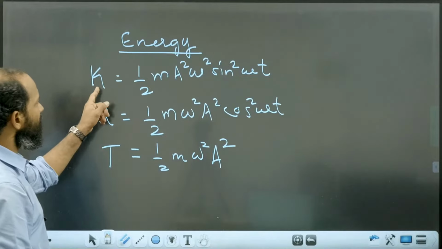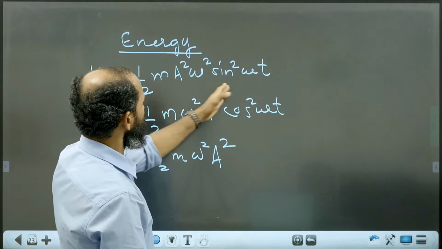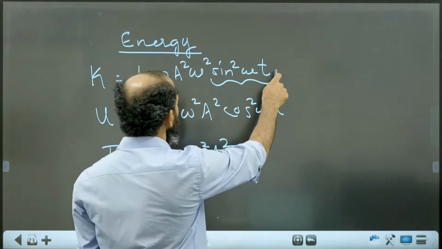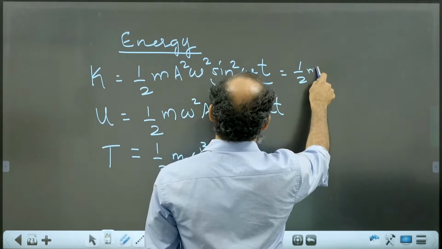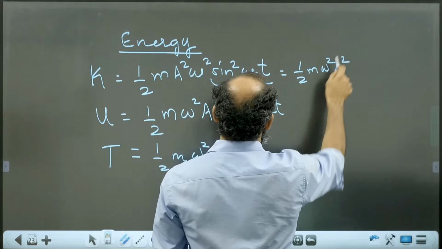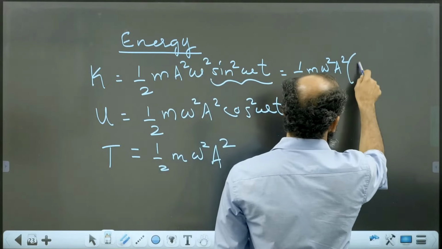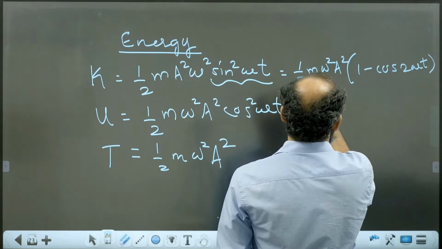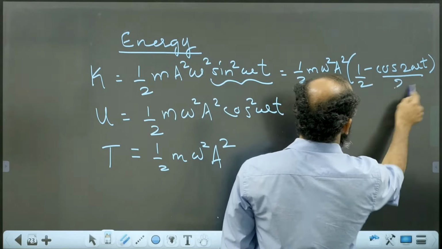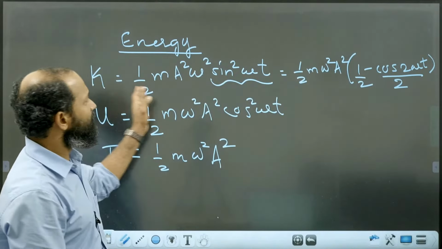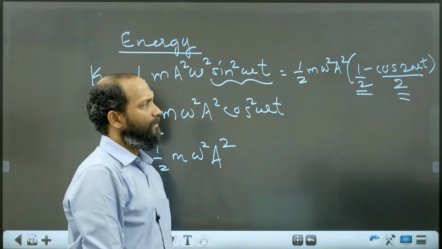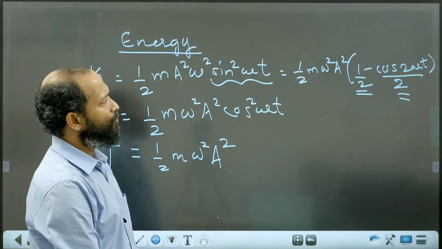So kinetic energy is also periodic, but kinetic energy is not simple harmonic, because kinetic energy can be written as half m omega square A square into sin square theta, which can be written as 1 minus cos 2 theta by 2. That's why this cannot be simple harmonic, because it has two terms, 1 by 2 minus cos 2 omega t by 2.